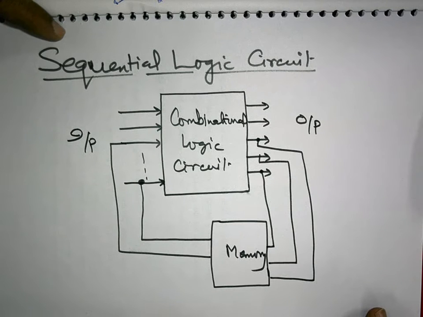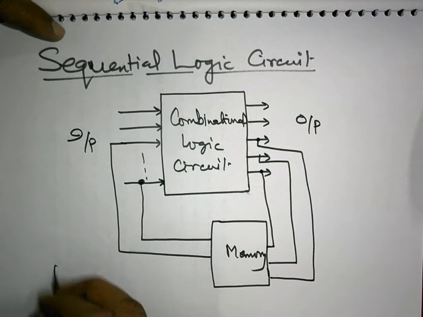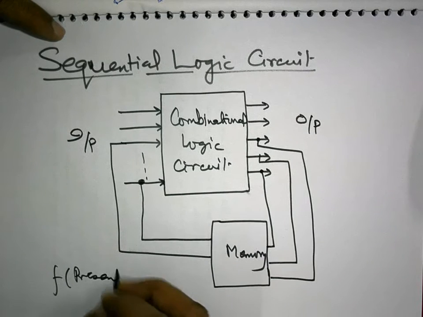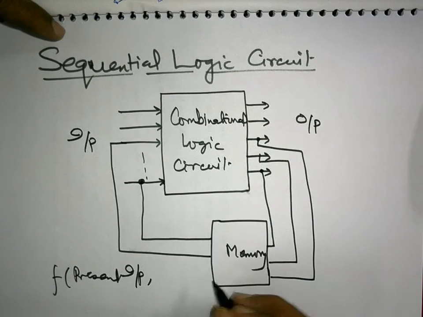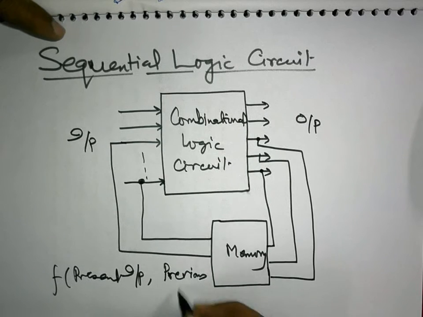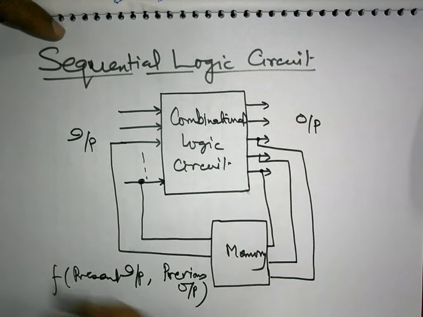If we form this type of circuitry, then we say that this circuit is a sequential circuit, meaning thereby the output of this sequential circuit is a function of present input as well as previous outputs, or past output you can say, or past states.